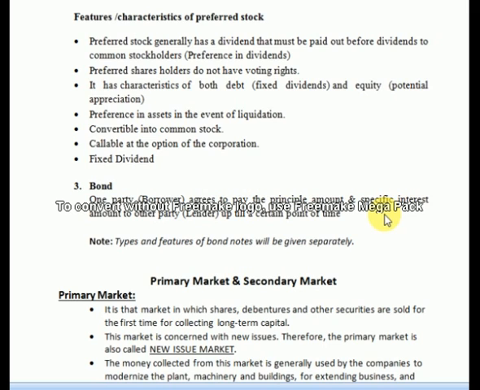Sometimes a company has the opportunities to take projects, but they don't have the funds. So to undertake those projects, the company issues bonds to generate funds and make investments in those projects and get benefits. For research and development, a company or corporation needs funds. Similarly, for the hiring of employees.